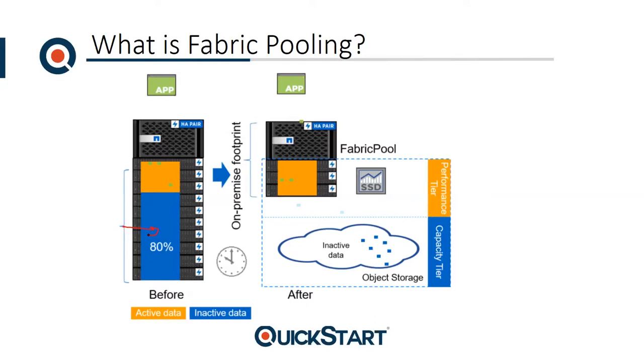We keep around a lot of this data. So the idea here is once we implement the FabricPool, only the active data will remain on-prem within our NetApp systems, but the inactive data will get moved to what we call the capacity tier. That capacity tier, again, is going to be like the AWS storage, or StorageGRID, or, as I said, my newest family member, Azure.